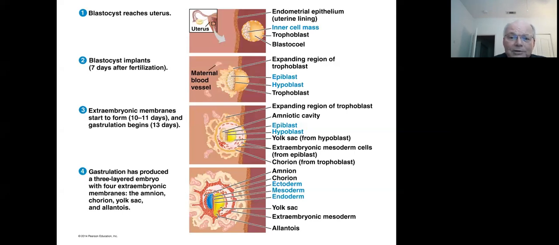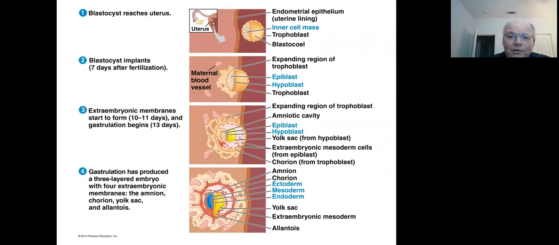Some of them migrate out and form the mesoderm, and some of them migrate further and form the lining of the gut cavity, which obviously will not be a functional gut cavity, because the placenta is going to be involved in moving resources from the mother to the embryo, and the mother will just carry out all the digestive processes. The baby will simply take benefit of that because of the transport of gas and nutrients from the mother's blood into the embryo.